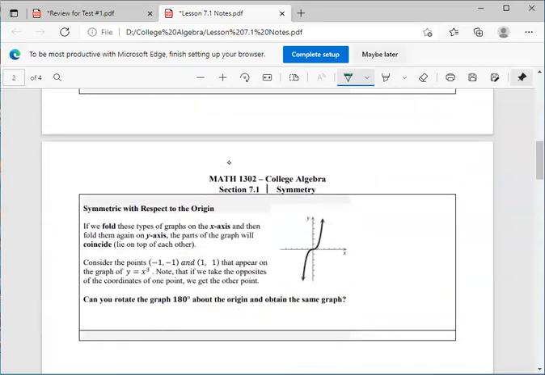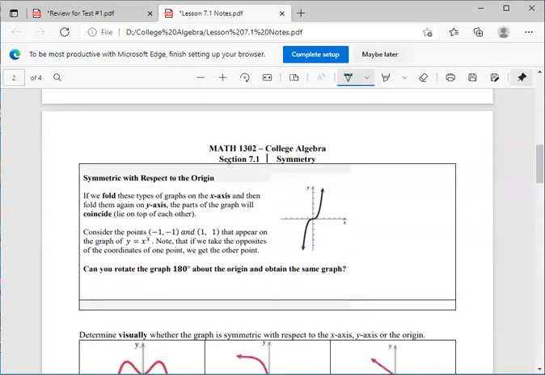Okay. Symmetric about the origin. So basically, if it's symmetric about the origin, if you started off with -x, -y, it becomes +x, +y. So both of them change. And what's really happening is you are able to rotate this thing 180 degrees, which means you're turning from front to back, right?